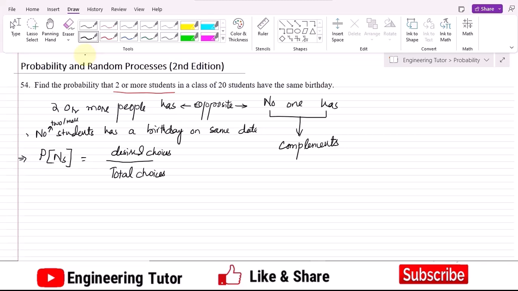So to find the total choices, let me call it equation A. So to find the total choices, what I have is basically a permutation problem in which I have NPR.